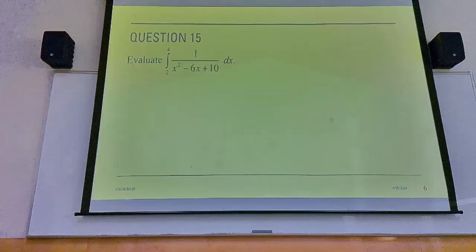The first thing you have to do is make sure your leading coefficient is 1. If it's not 1, your technique does not work. So you have to make it 1. In this case, it's already 1, which is nice.